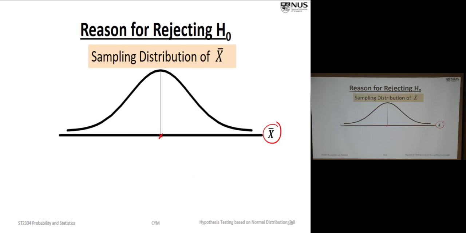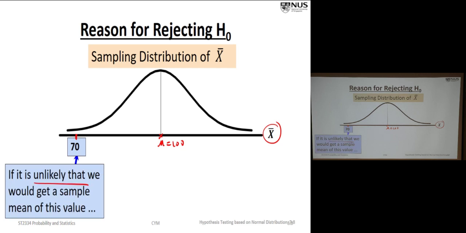This is where you expect X bar should be, so it's mu. Under the null hypothesis, I have to stress, under the null hypothesis, mu is equal to 100. Now I see 70 here. Is it extreme?